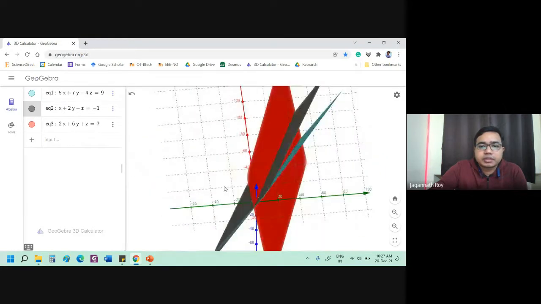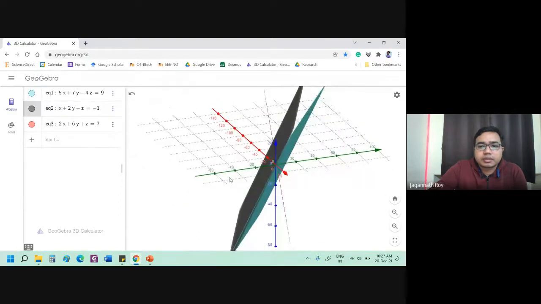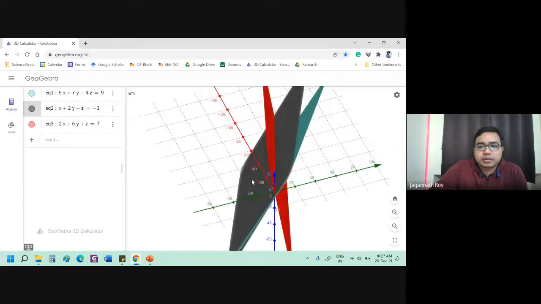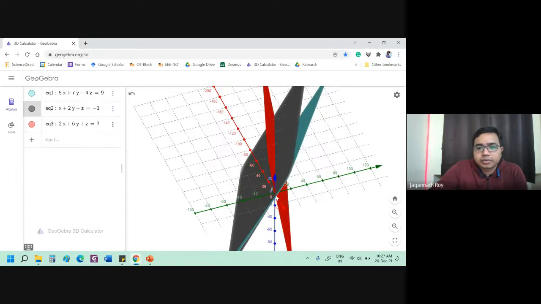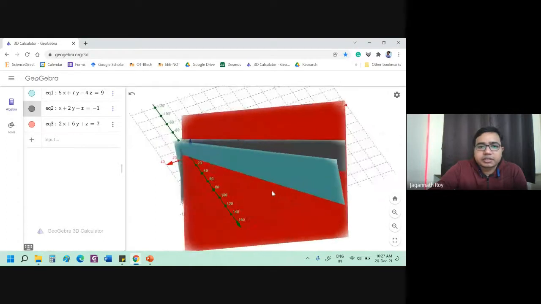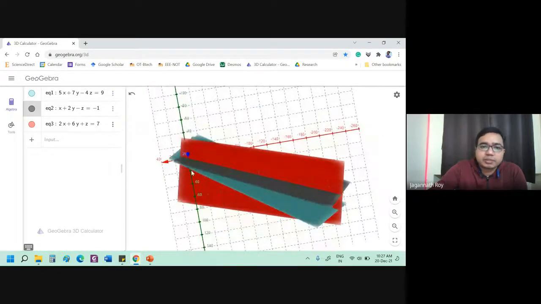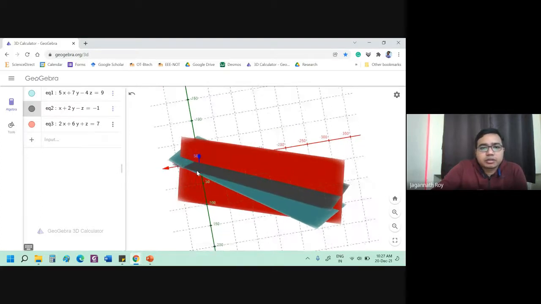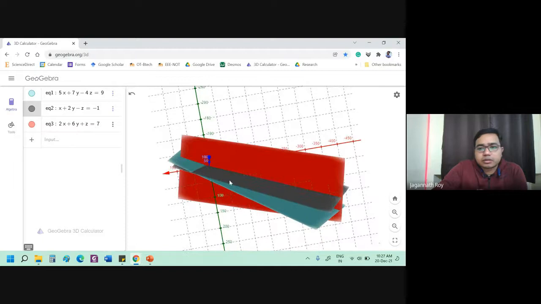Here you can see this single point. If you look at it from the distance, all the three planes are meeting at a single point. So this will be a unique solution. Okay.